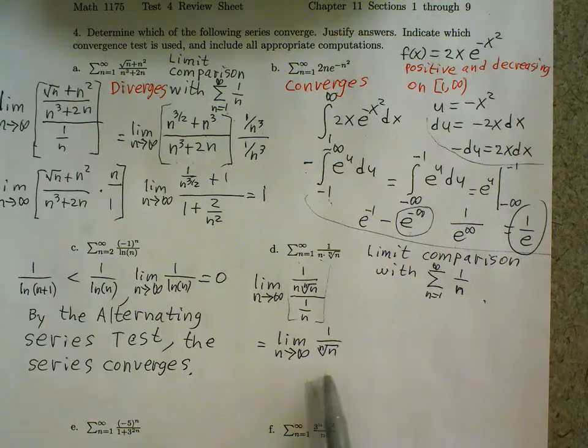So what does the nth root of n go to as n goes to infinity?